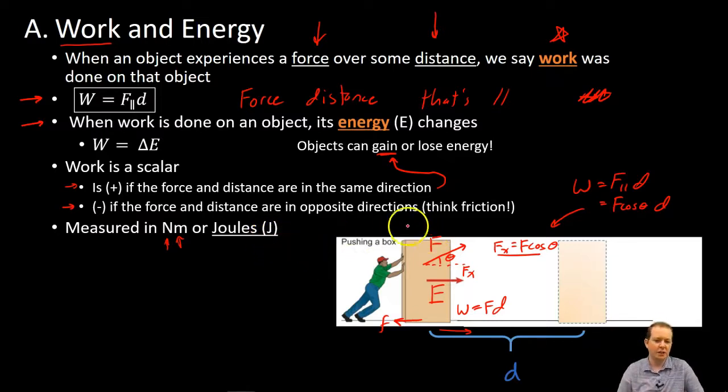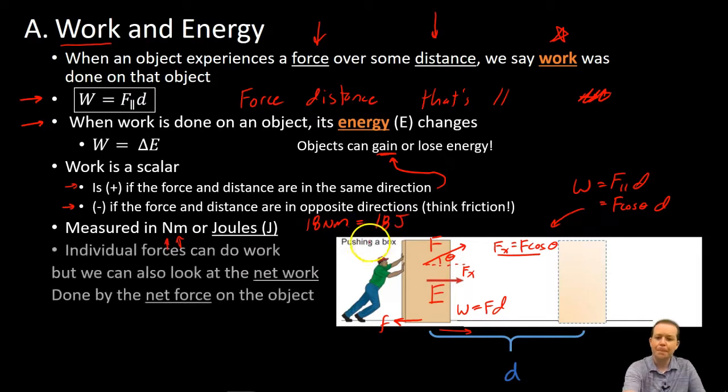So how much work is on the fridge? If I do some calculations, maybe I find it's 18 Newton meters, or you could just call that 18 joules, okay? Not only can I look at the work done by a specific force, I could look at the overall work, the net work, done by the overall net force. So maybe in this scenario, if I want to look at the overall work done, I do something like, all right, let's see, I've got the sum of the forces.